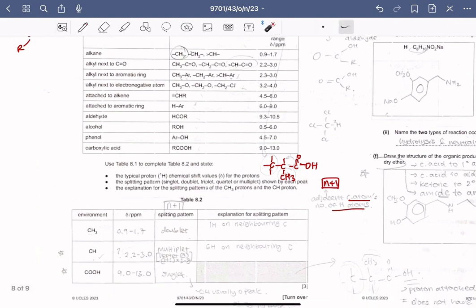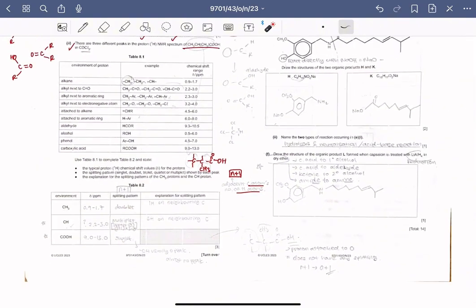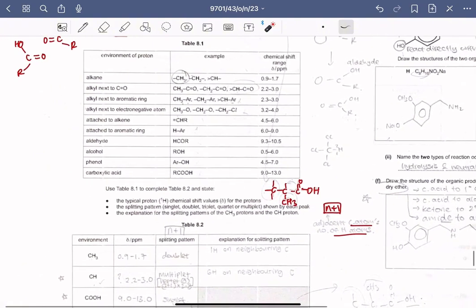If we use CH3, each of the CH3 has a neighboring carbon atom bonded to one H atom, and therefore it is 1 + 1 = 2, and the splitting pattern is a doublet. The explanation is that there is one H on a neighboring carbon atom. The chemical shift value is 0.9 to 1.7 because it is an alkyl CH3 group.